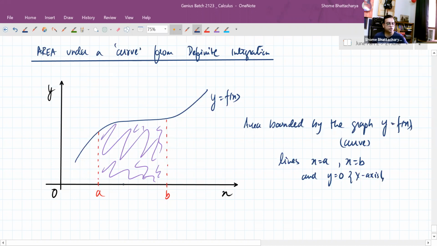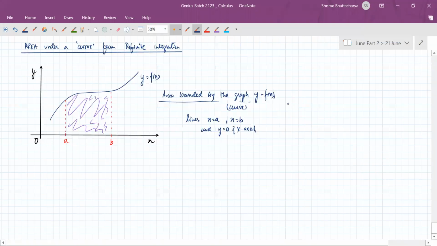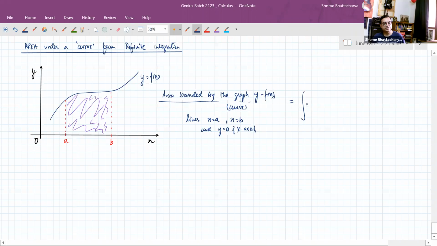So basically you can see this horizontal line, which is the x-axis, these two vertical lines x equal to a and x equal to b, and this curve y equal to f(x). These four boundaries are bounding some area. So this area bounded by all this is calculated by the definite integration of f(x) from x equal to a to x equal to b.